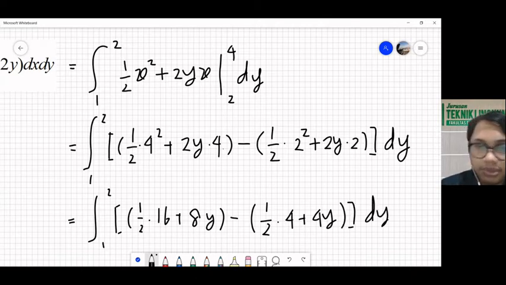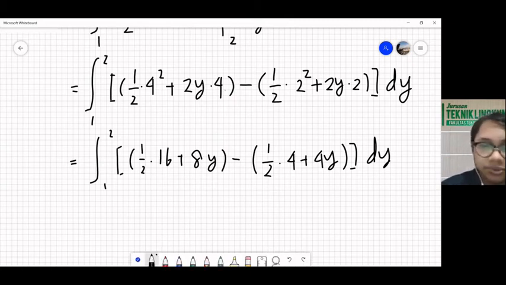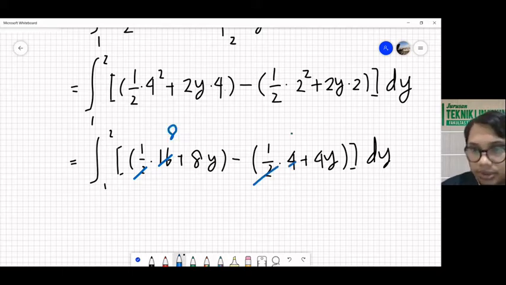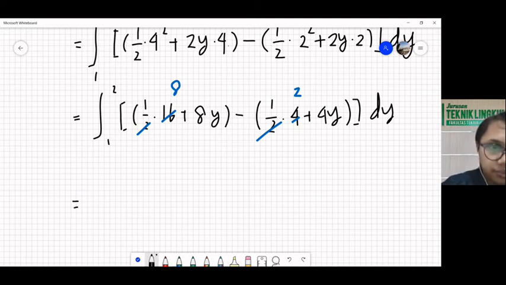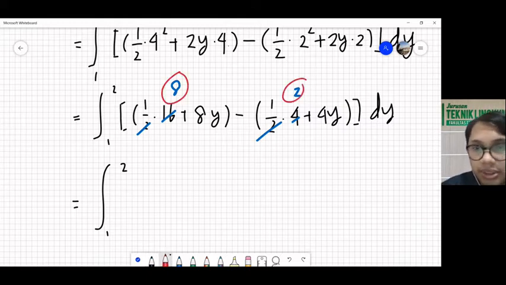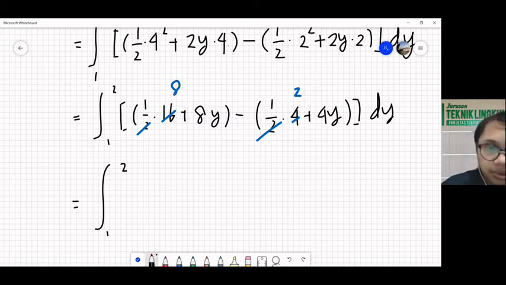Now everything becomes simple. I try to simplify the part which can be calculated faster. That's 2. Then the result becomes 8 minus 2, so it becomes 6. Then 8y minus 4y becomes 4y.